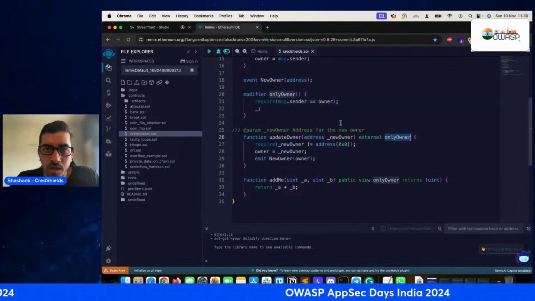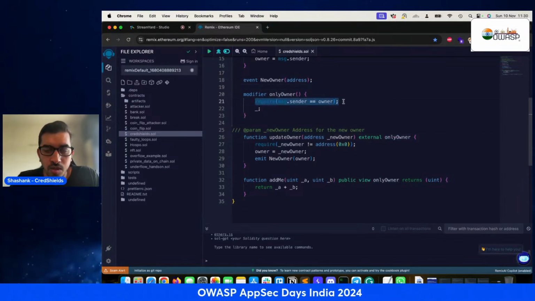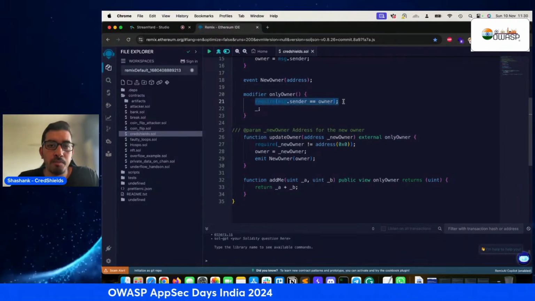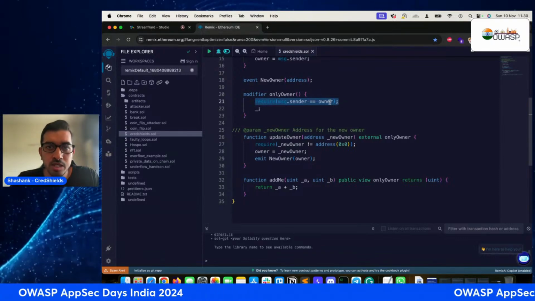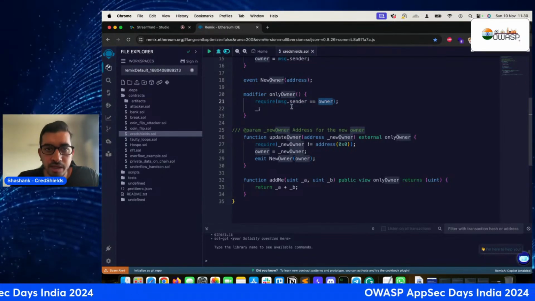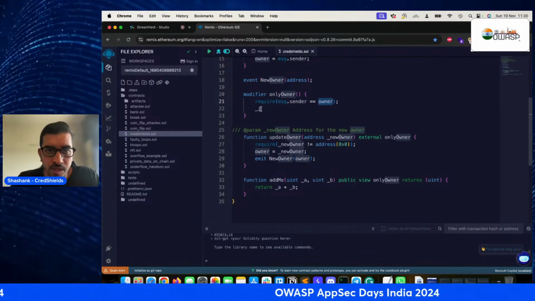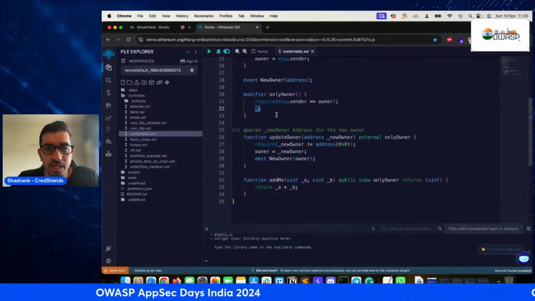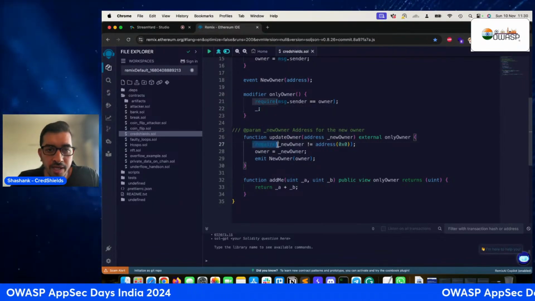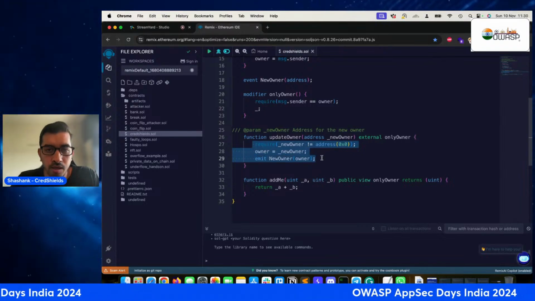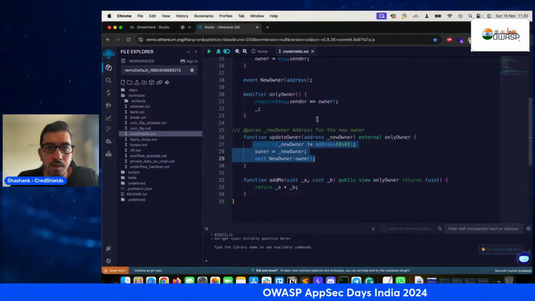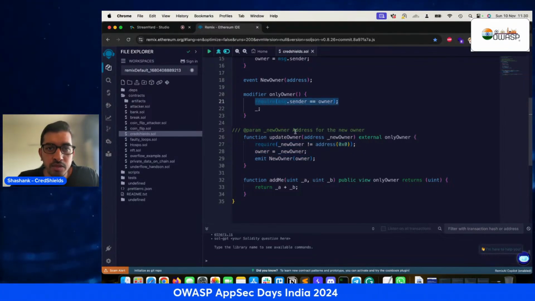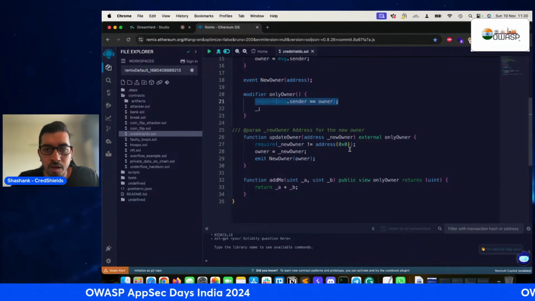The only owner modifier says that the message dot sender, which means the person who is calling the function, is owner or not. And if it satisfies, then this symbol tells the compiler that you can go ahead and execute the rest of the function. But if this fails, this will revert, and hence this function will never be called.